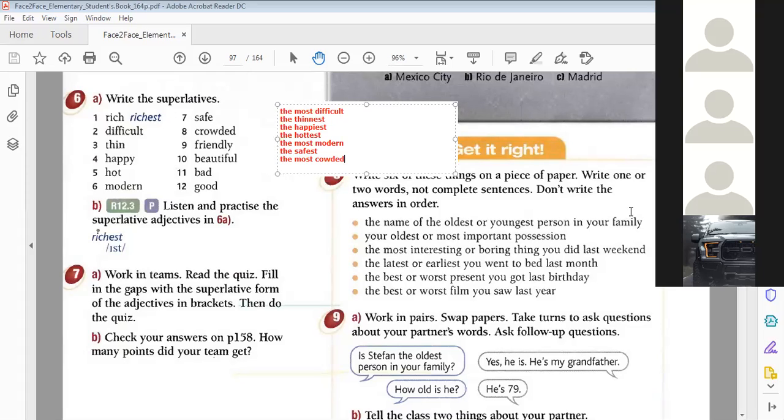Samiha, what about number 10? Samiha, what do you think? What's the superlative of beautiful? Most beautiful. Okay, the most beautiful. And Salma, what about the last two?